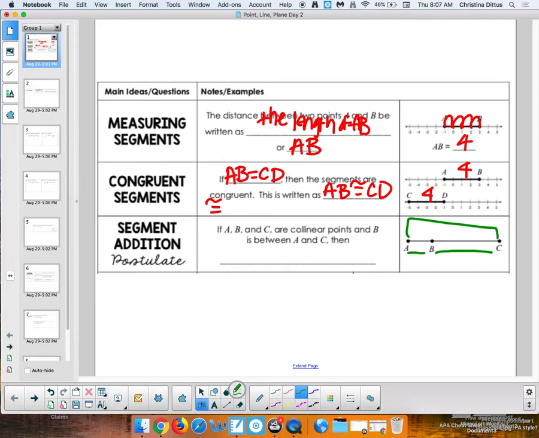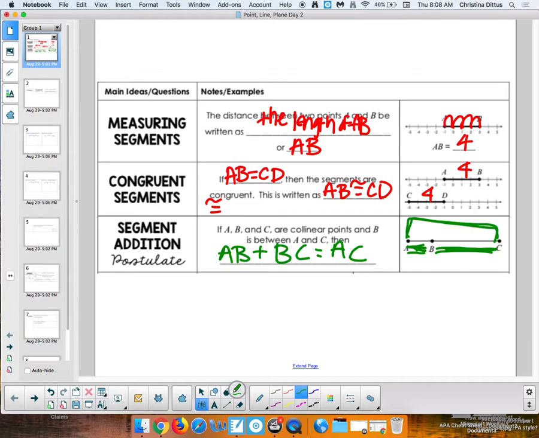So all we're going to say is that AB, my small one, plus BC, another small part, is equal to the whole thing, AC. So I just think of it as a chunk plus a chunk equals the whole, or a part plus a part equals the whole.